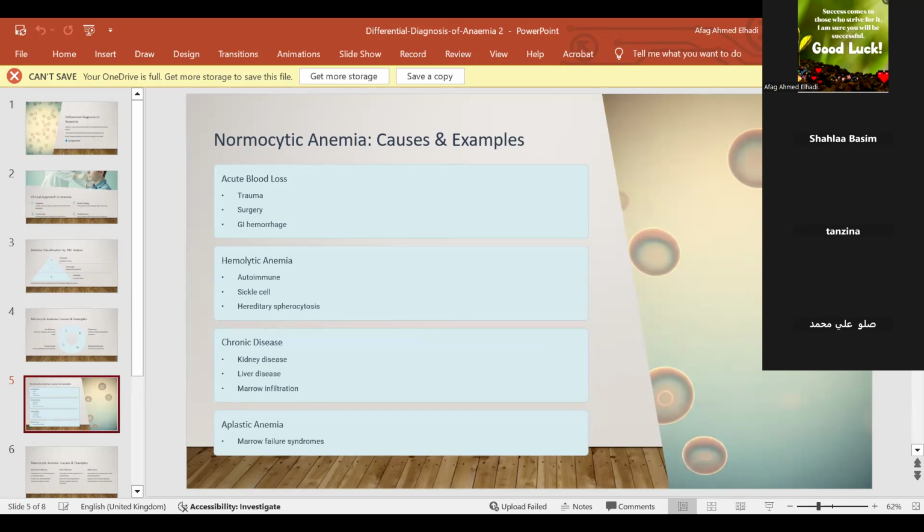So in the drug history, we need to ask if she's using any over-the-counter medication, such as ibuprofen, which could cause iron loss due to bleeding and can cause gastritis. And also increased iron requirement in young children due to growth, or in pregnancy and lactation.